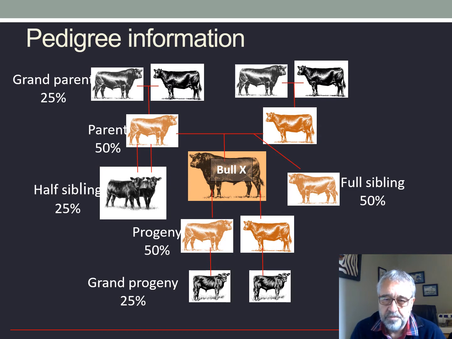So those are the principles. If we talk about the genetic relationship, or the relationships amongst these animals, it means that they share parts of the genotype of those animals they are related to.